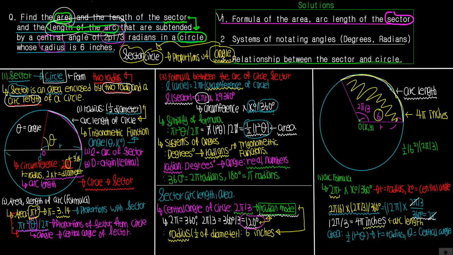Let's simplify. 6 times 6 is 36, times 1/2 times 2 pi over 3. 36 times 1/2 is 18, times 2 pi over 3. 3 and 18 cancel out to 6, and 6 times 2 pi gives us 12 pi. So our area is 12 pi.